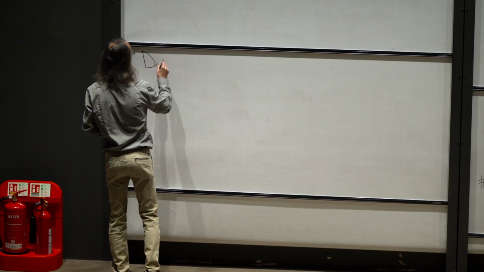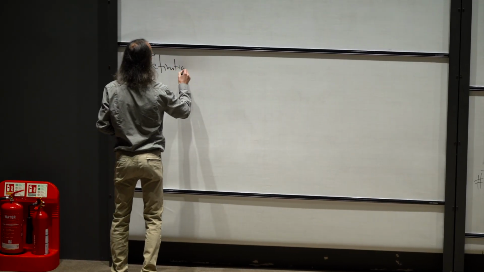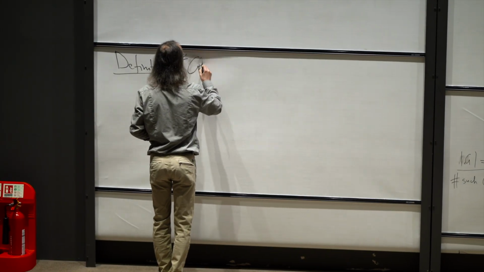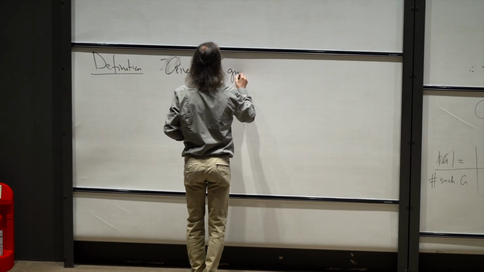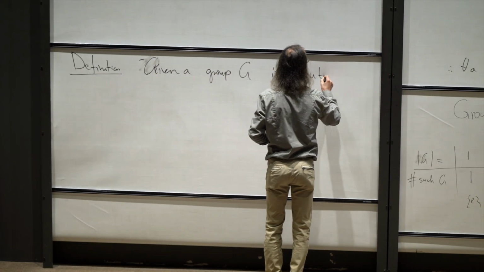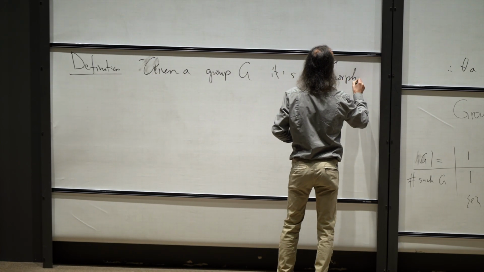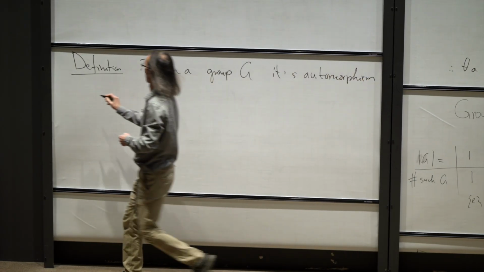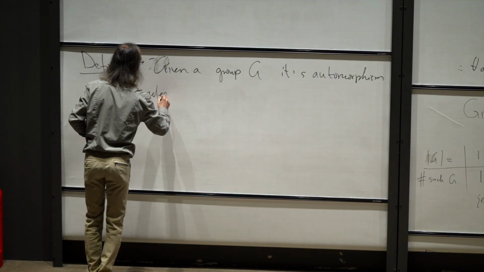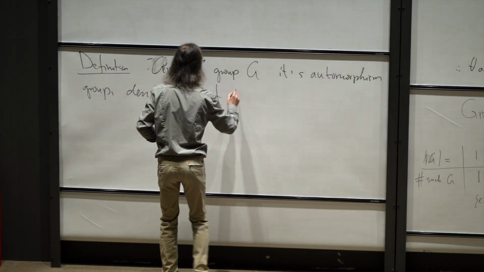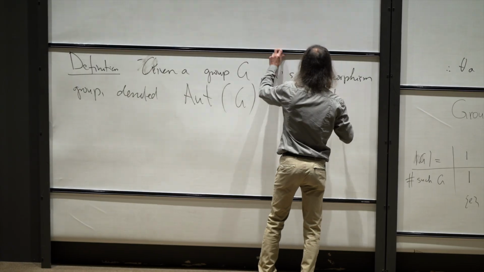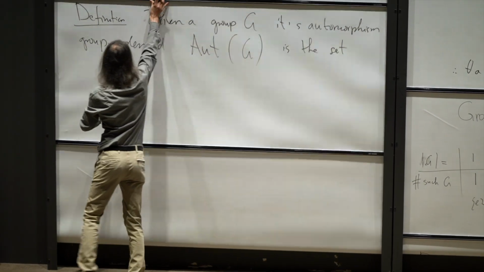So, definition: given a group G, its automorphism group, denoted Aut G, is the set of all automorphisms, right?